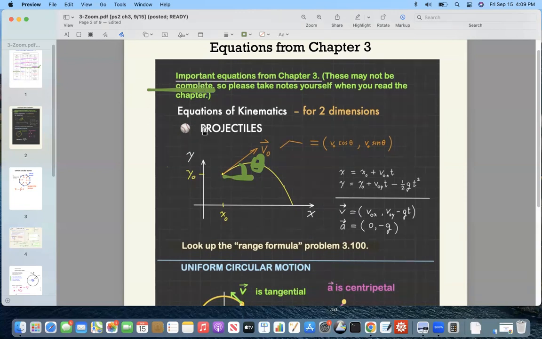Now, projectile motion is easy because the vertical component and the horizontal component sort of separate. So you have an equation for x, an equation for y, and they don't really refer to each other unless you're dealing with the angle.